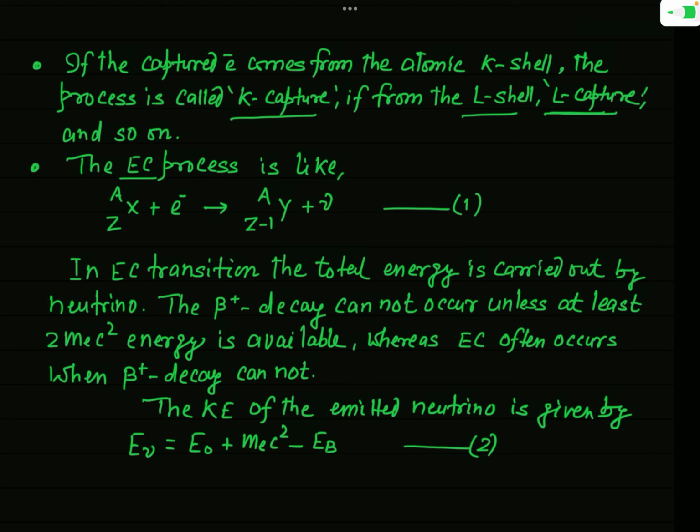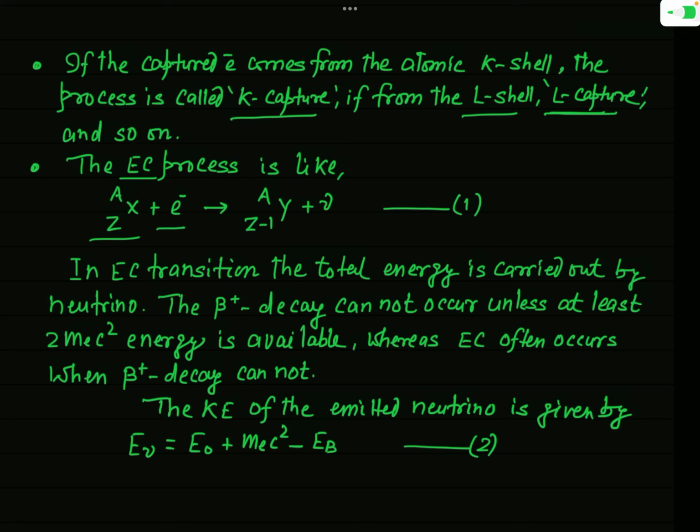I have assumed here that this ZXA is the parent nucleus, and this nucleus captures an electron, and after capturing this electron, a proton will be converted into a neutron. So what will be the effect on the total number of nucleons, that is the mass number?